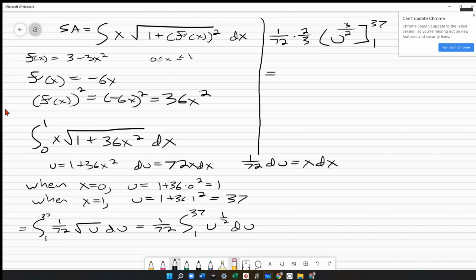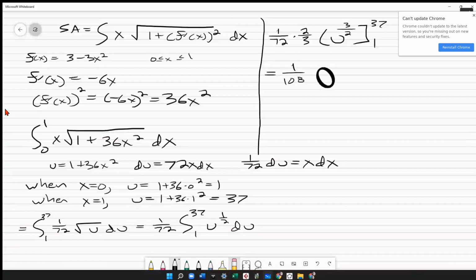And that's what I mean when I say you're just going to get some weird numbers in here. Weird fractions and weird roots. So let's see, 1/72 times 2/3. Can you tell I didn't actually do this problem first? 36 times 3 is 108, of all things.